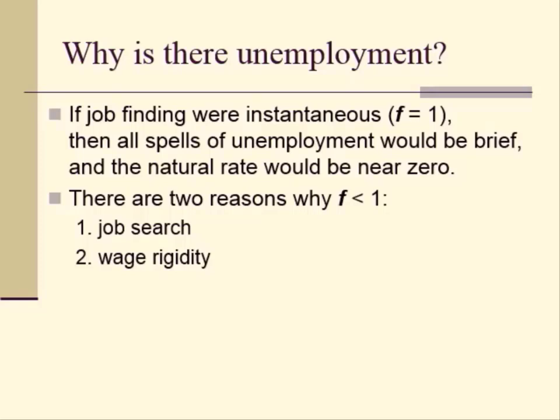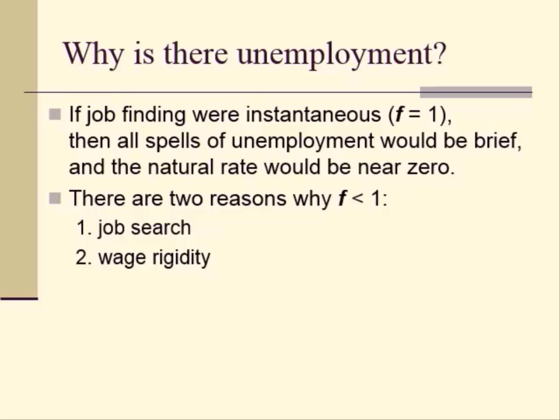There are two reasons why F is less than 1. One, job search, which is related to so-called frictional unemployment. And two, wage rigidity, which is related to structural unemployment. For example, there are always a lot more applications than open positions. That leads to wage rigidity or structural unemployment.